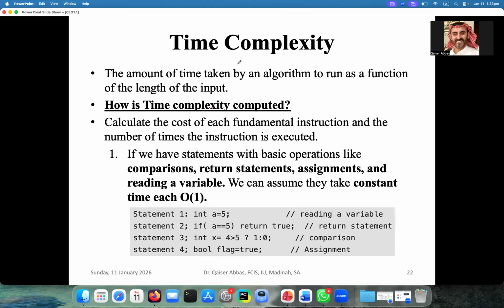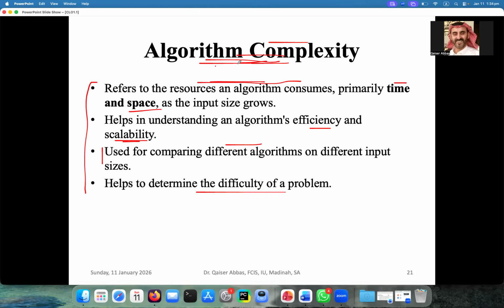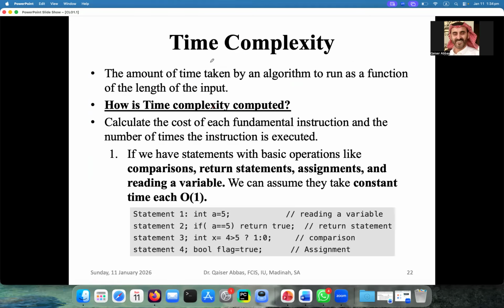Now, as we have to understand the complexity, first, as I mentioned, time and space. So first we are going with the time complexity. Time complexity is what time our algorithm is taking. That is the time complexity of our algorithm in short words.